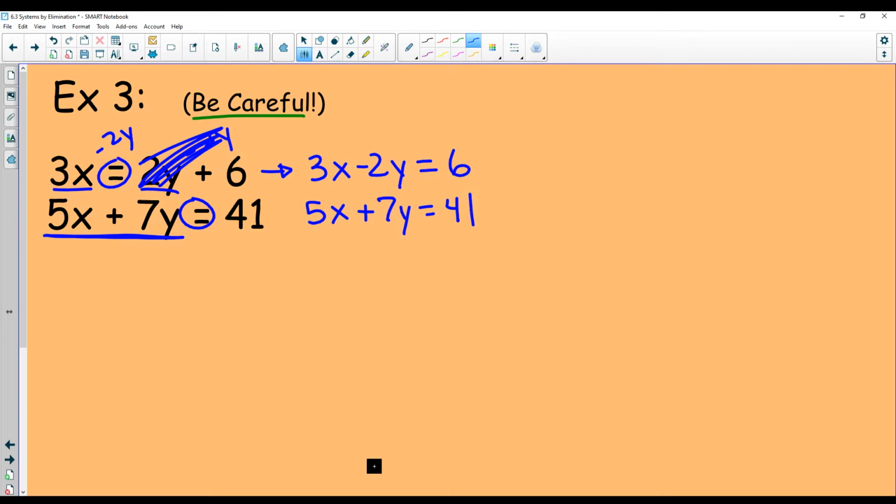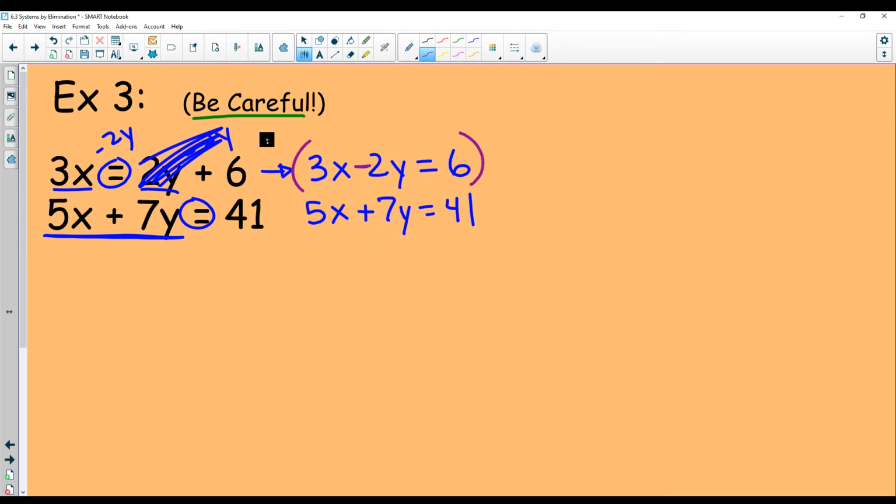Well, I can't multiply here to get a 5 or a 7. So I'm going to have to change both equations this time, right? So if you look at it, you say, I could make this both a 15, or I could make this both a 14, right? This one's already negative. So let's do the y's.